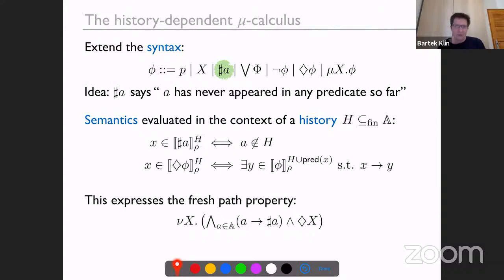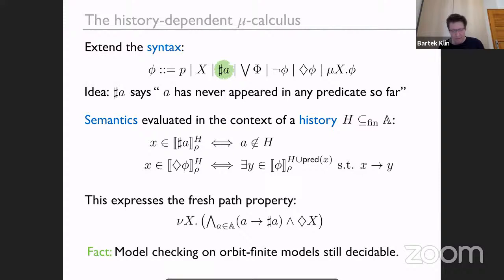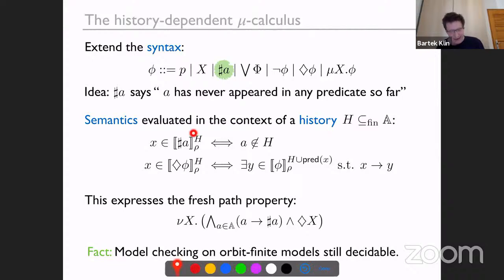And it turns out that model checking on orbit finite models is still decidable. And that's a hard part. Now it becomes difficult because now my semantics is evaluated in the context of some histories, and the set of these histories is not orbit finite.